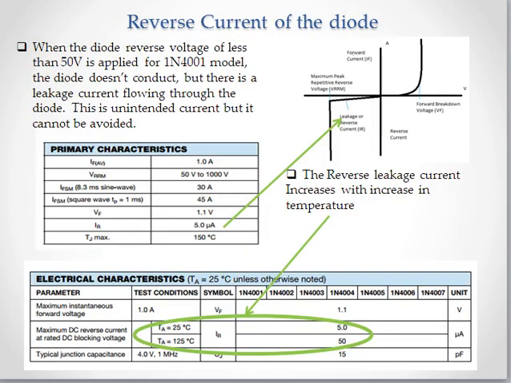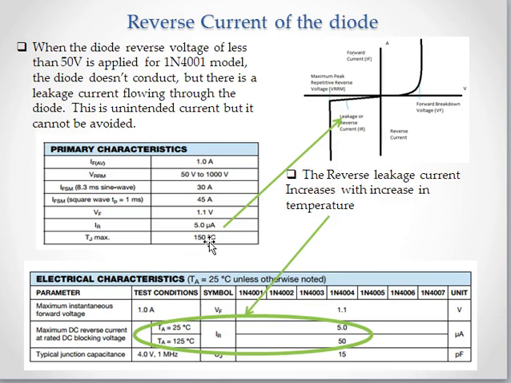Now this is given by a parameter called IR in the diode. This should be as small as possible to eliminate any quiescent current. When you are using this circuit in low power conditions, and low power is your major criterion, this reverse leakage current should be as low as possible.